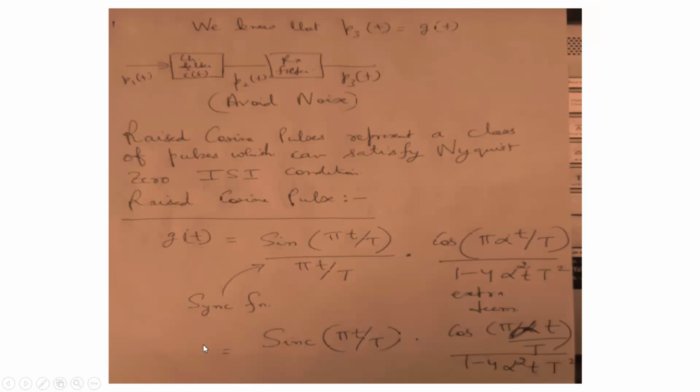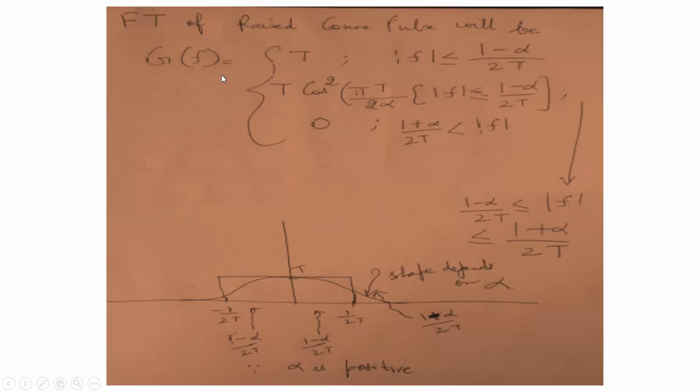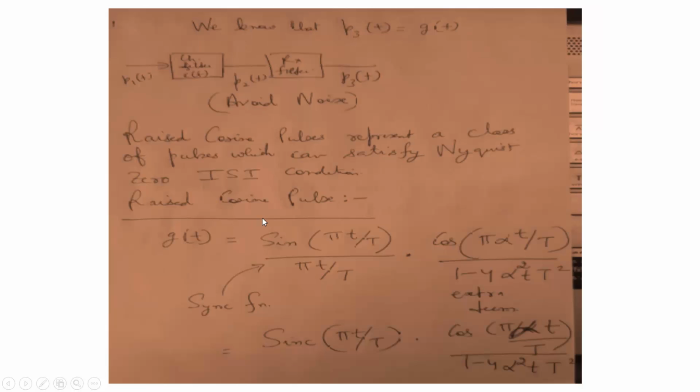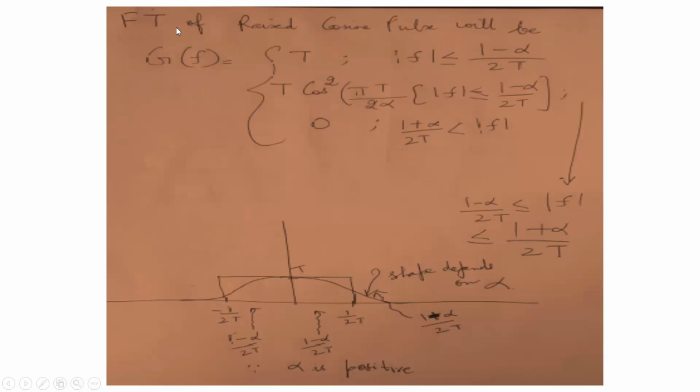This is my raised cosine pulse in the time domain. I'm not doing the Fourier transform, but straightaway putting the Fourier transform of the raised cosine pulse. So G(f) will be equal to T within the range up to (1−α)/2T, and T cos² of a term in α in the transition range, and beyond this range it will be equal to 0, right?